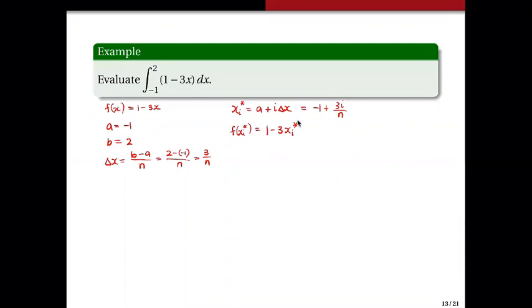But your xi star is this expression, so this is equal to 1 minus 3 times negative 1 plus 3i over n. Let's simplify this. We will have 1 minus 3 times negative 1, that becomes plus 3. And then minus 3 times 3i over n becomes minus 9i over n. Or simply, this is 4 minus 9i over n.